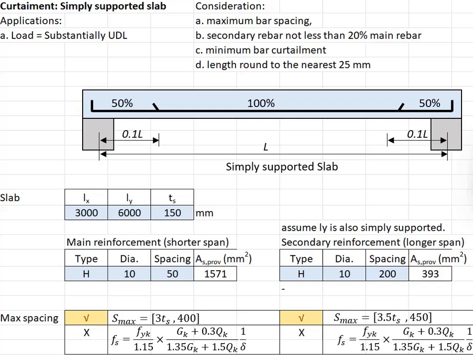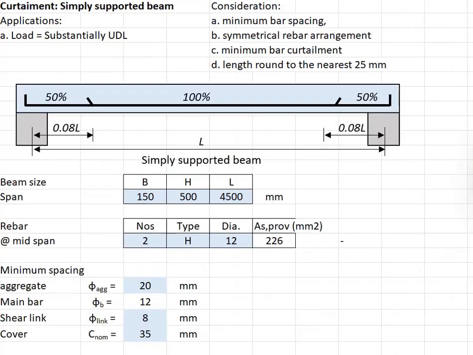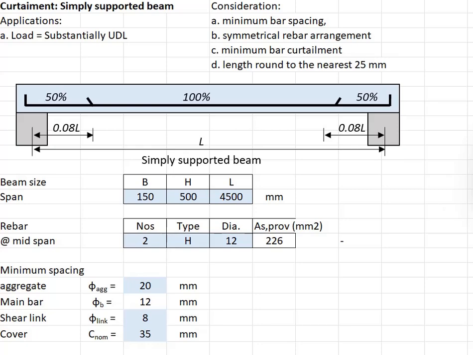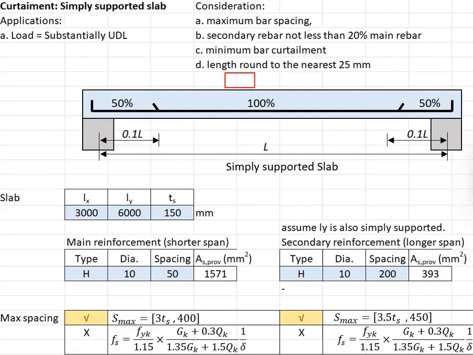Now, if you observe the simplified rules here, the curtailment for the simply supported slab as compared to simply supported beam, they look similar. Both are giving you the 100% amount of reinforcement bar at the midspan and then reduce to at least 50% of the reinforcement bar near to the support.